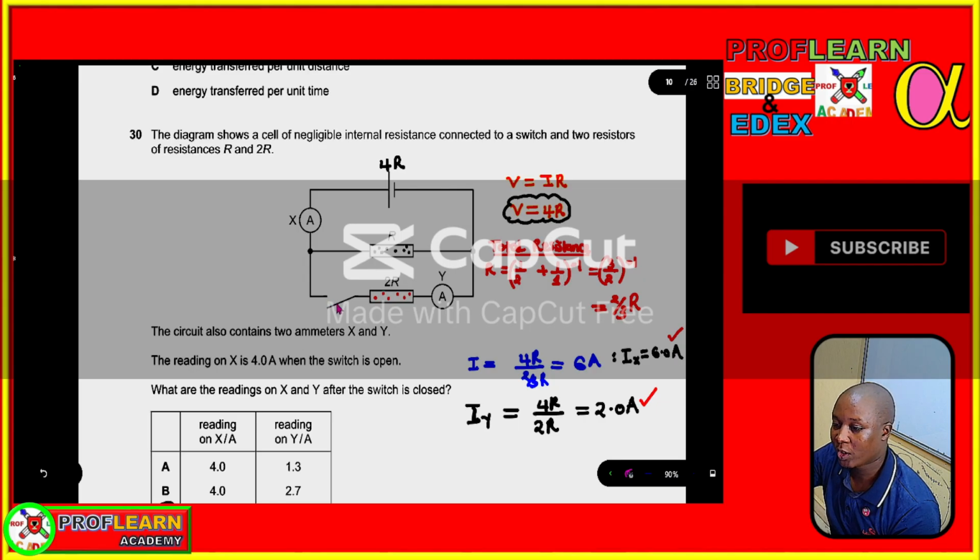When the switch is open, the connection we have is this part only, so we can use it to find the potential difference of the cell. Potential difference equals IR. Using the current of 4 times the resistance R, it is going to be 4R. So the potential difference of this cell is 4R.